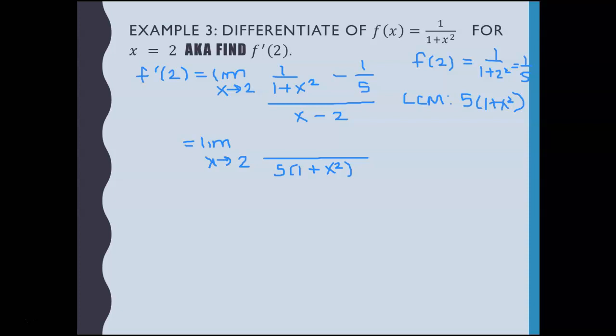The first term needs the 5. The second term needs the 1 plus x squared. And all of that's still over x minus 2.